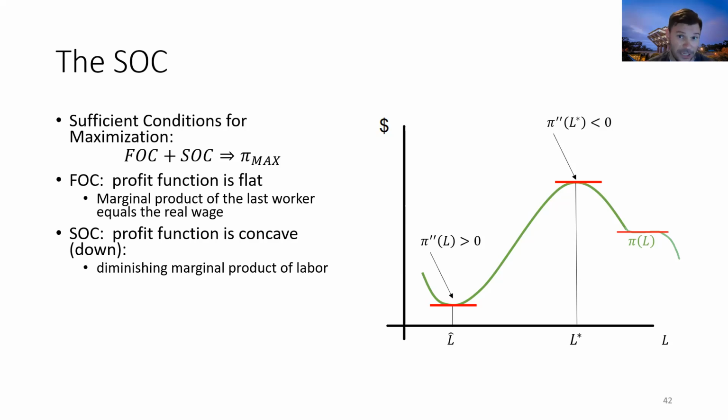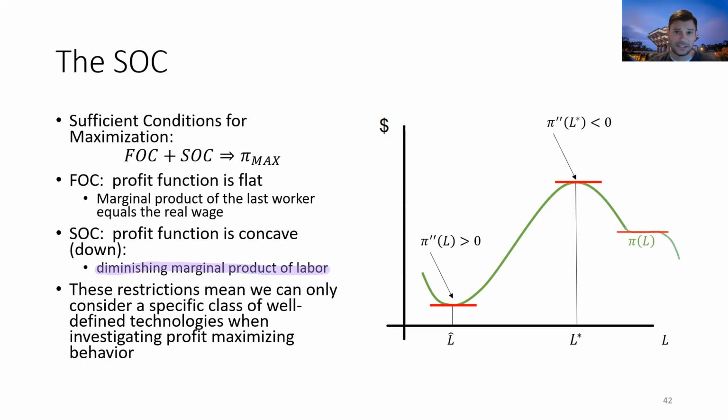And what that implies for our purposes is that it restricts us: if we want to analyze profit maximizing behavior using these types of economic models, this restriction, where we can only think about technology that satisfies diminishing marginal product, means we're not going to be able to consider any broad class of technology when looking at firms that are facing well-defined problems.